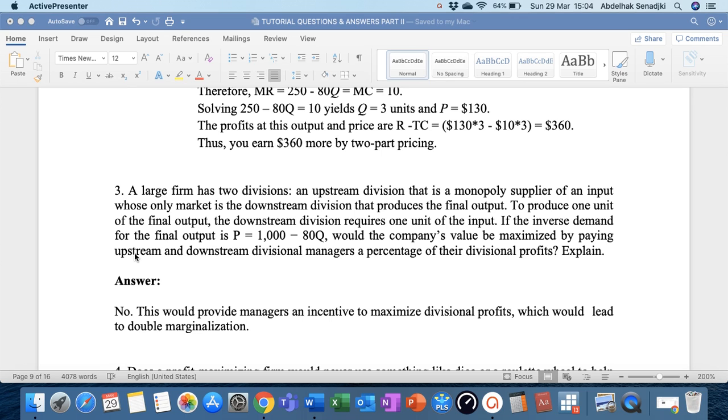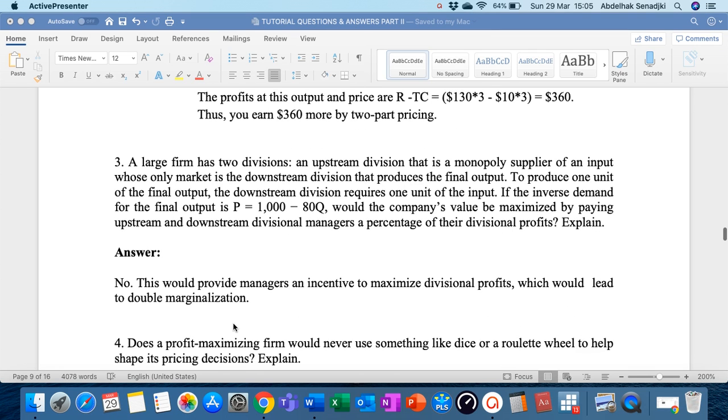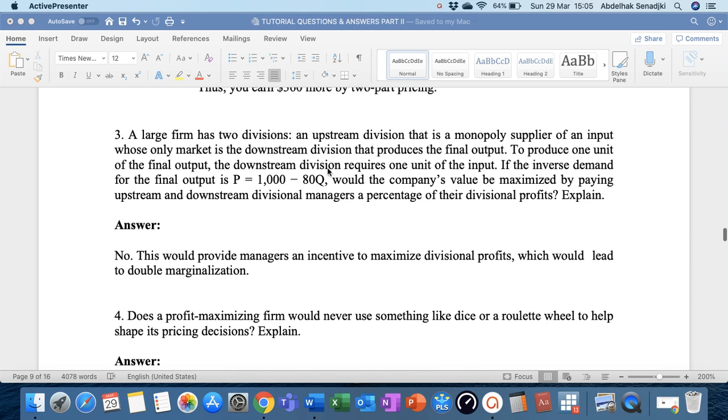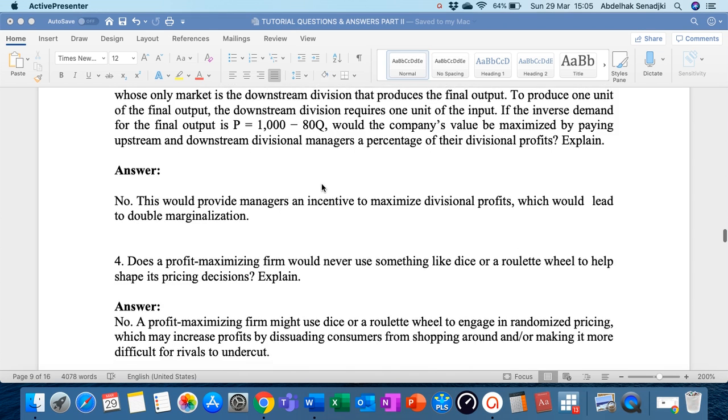So the upstream manager will charge higher prices, and the divisional manager of the downstream will charge higher prices also, and we come to a case of double marginalization. So this would provide managers incentive to maximize divisional profit, which would lead to double marginalization. So it is not good for the company to pursue this strategy.